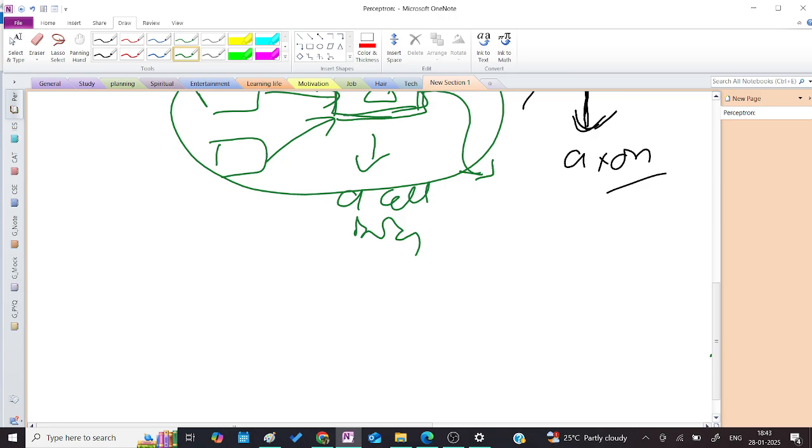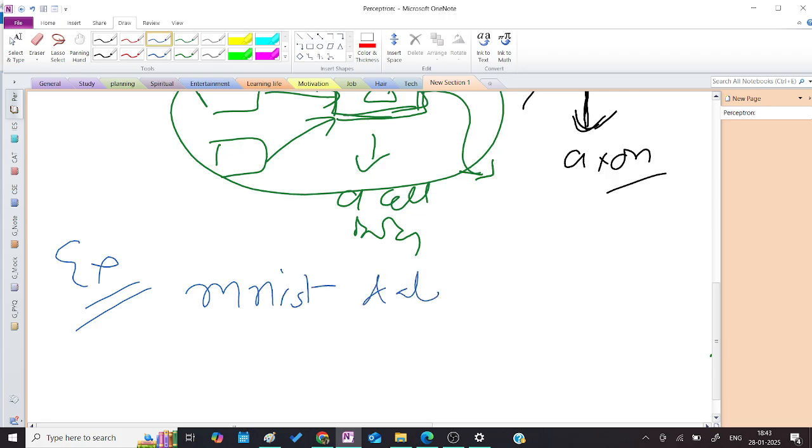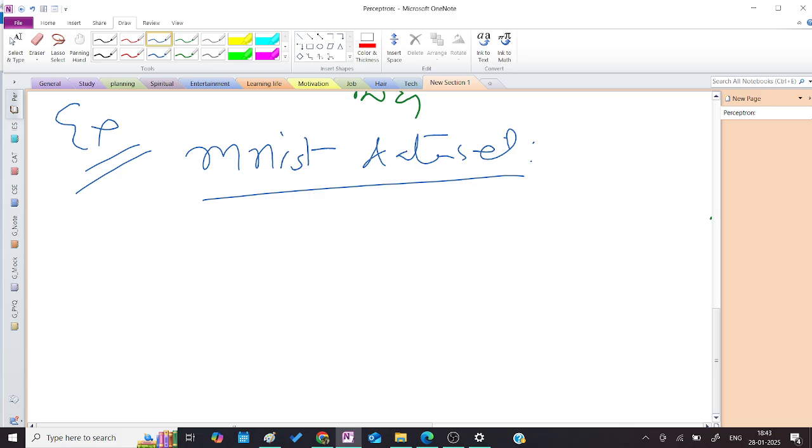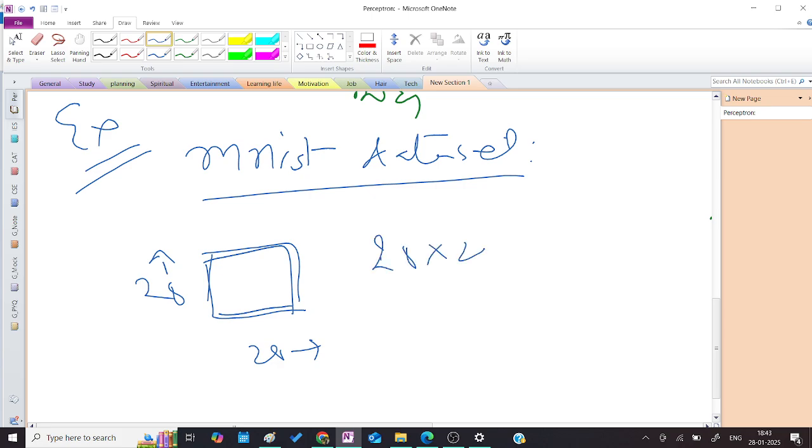So let me give you one example, and this example is from MNIST dataset. We all know that in MNIST dataset, each image is 28 pixels in both directions. So the image consists of 28 cross 28 pixels, which results to 784.